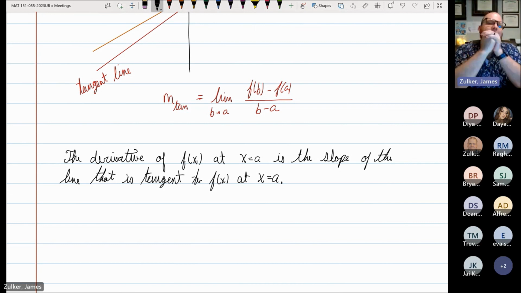Right, so the derivative of f of x at A is just the slope of the line that is tangent to f of x at x equals A.